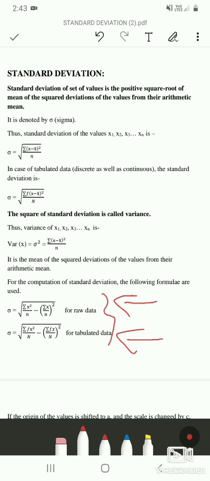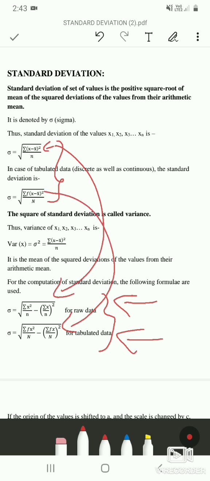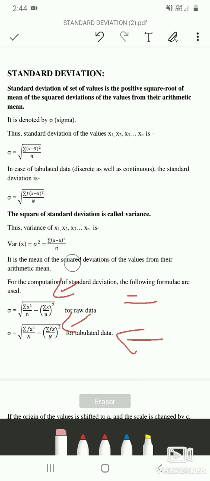These two formulas are obtained from the earlier two formulas. Whenever you simplify, the numerator is of the form a minus b whole square. When you expand and simplify, you get this formula. The steps are not important, but remember the formulas.